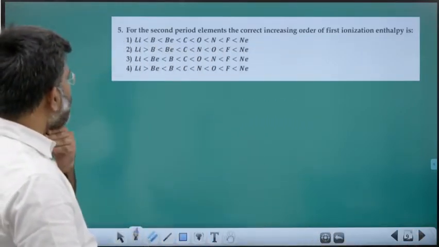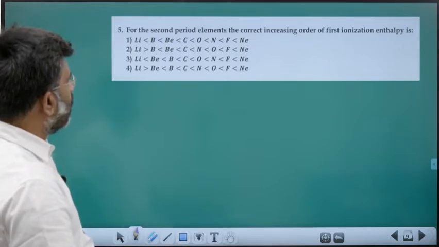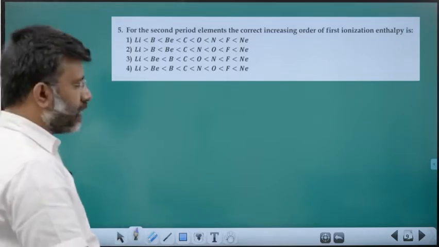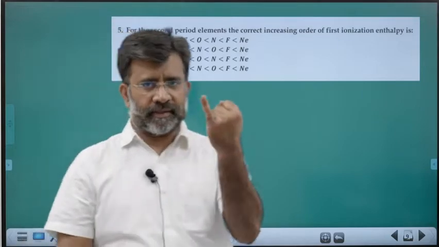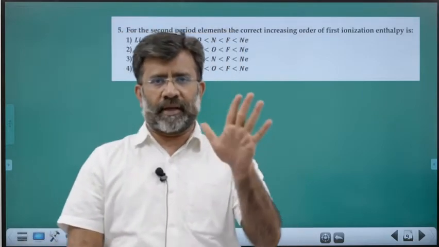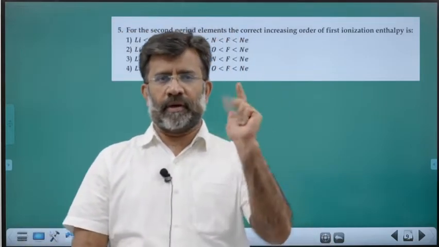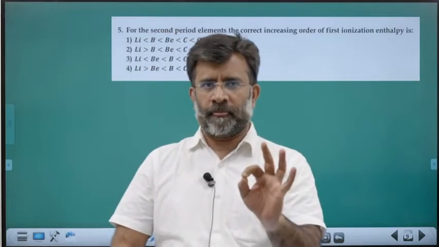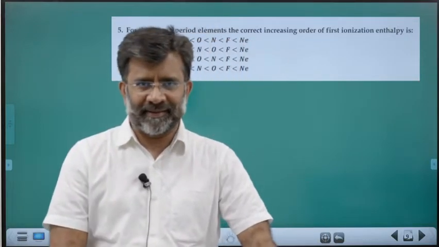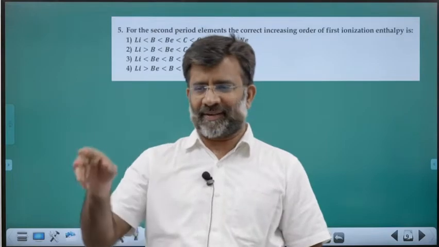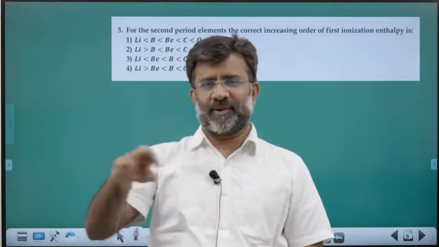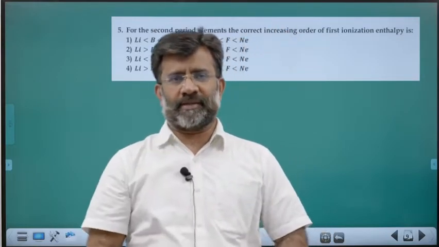The second period elements, correct increasing order of first ionization enthalpy, for the elements lithium, beryllium, boron, carbon, nitrogen, oxygen, fluorine, neon. Refer to the textbook. A graphical representation is given, going step by step, with exceptions.